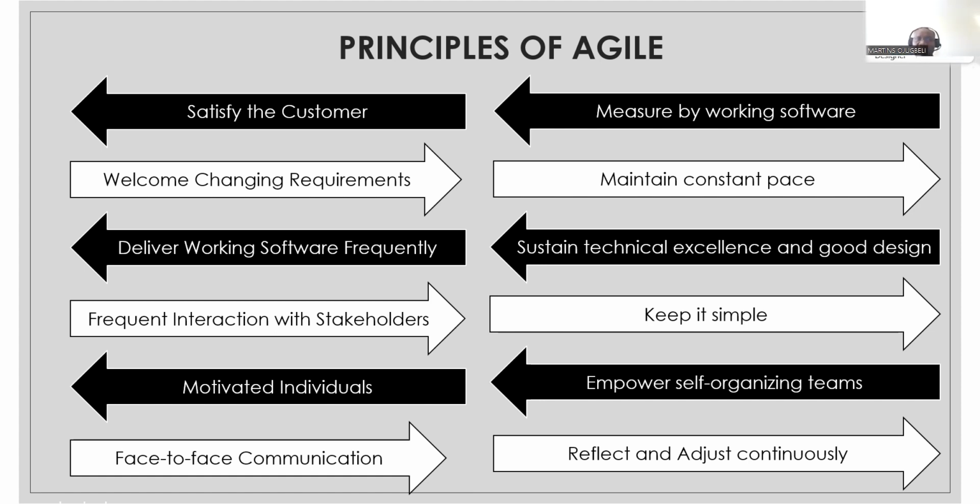It also preaches measuring progress by working software, maintaining a constant pace, sustaining technical excellence and good design. In the same vein, keep things simple, and continue to empower your self-organizing teams. And then the very last one is to reflect and adjust continuously.